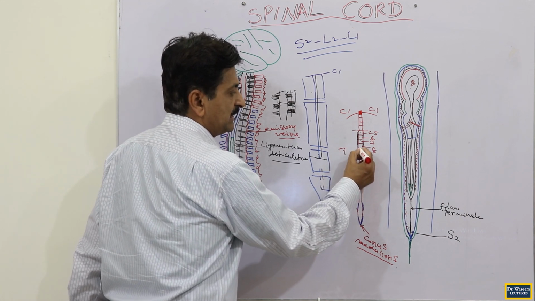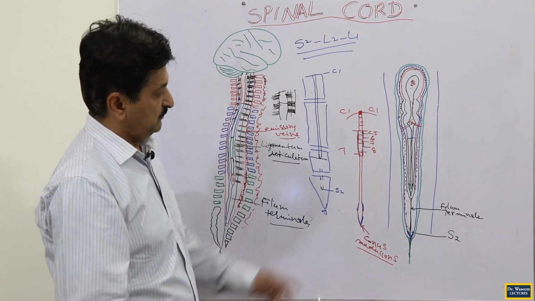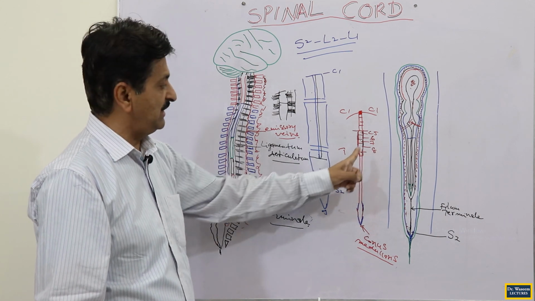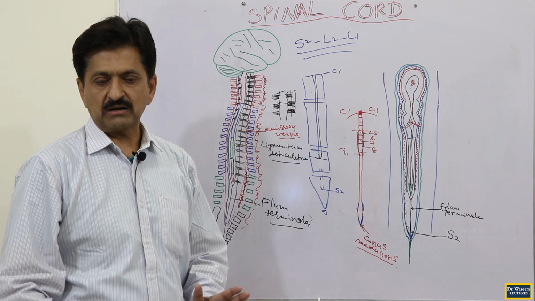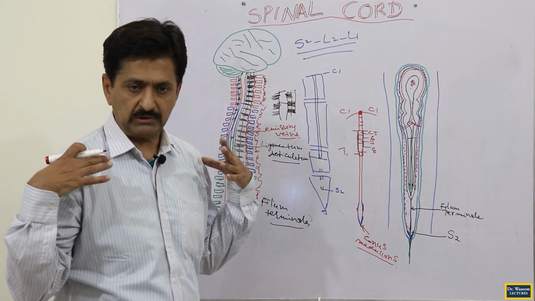This area is for your upper limb via the brachial plexus. So C5, 6, 7, 8 and T1 are called the segments for your brachial plexus, meaning they innervate the upper limb.